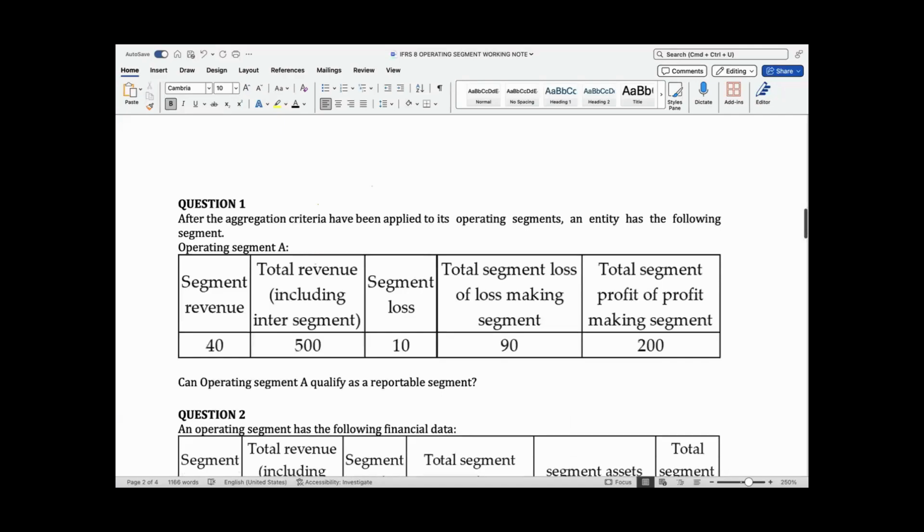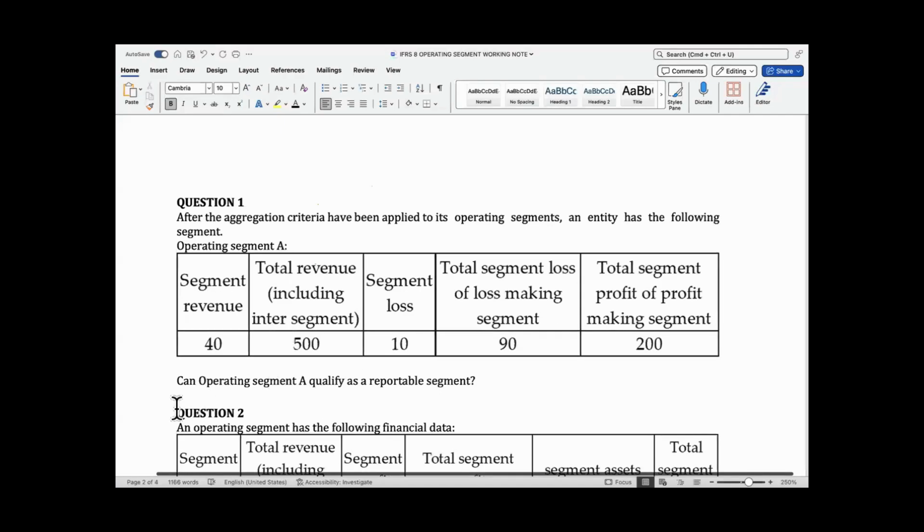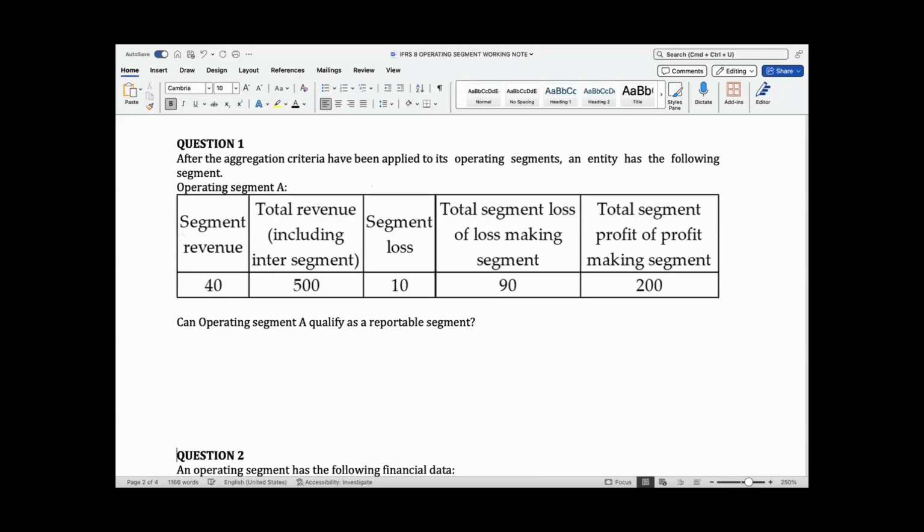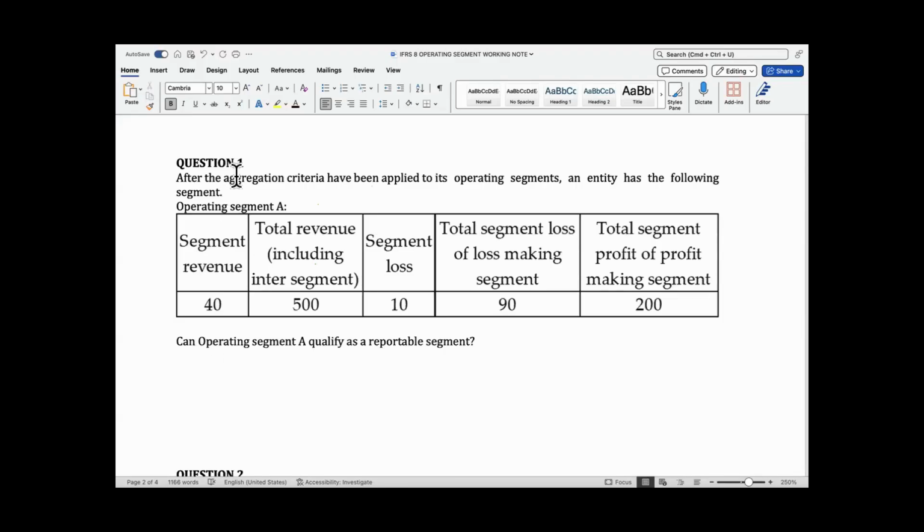If you look at this question, they said after the aggregation criteria have been applied to its operating segment, an entity has the following segments. So it has operating segment A. The segment revenue is 40.